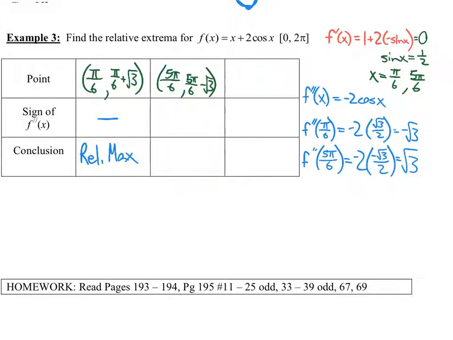You don't really need the value as long as you know what the sign is. Okay? So that's a positive, which means what do we have there? A relative min. Okay? Not too bad, right?